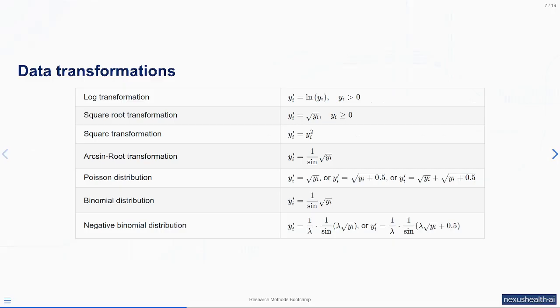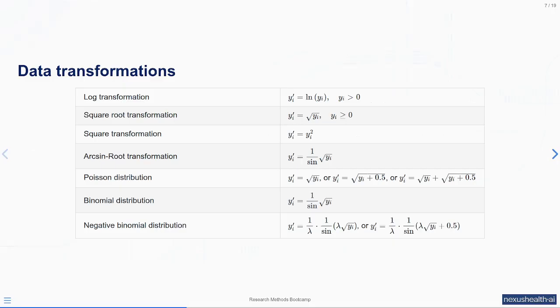There are several algorithms that we can use to transform data. One of the most common ones that is used is the log transformation, and this basically just applies the natural logarithm to the dependent variable, and this is for y greater than 0, so we use it for non-negative values.